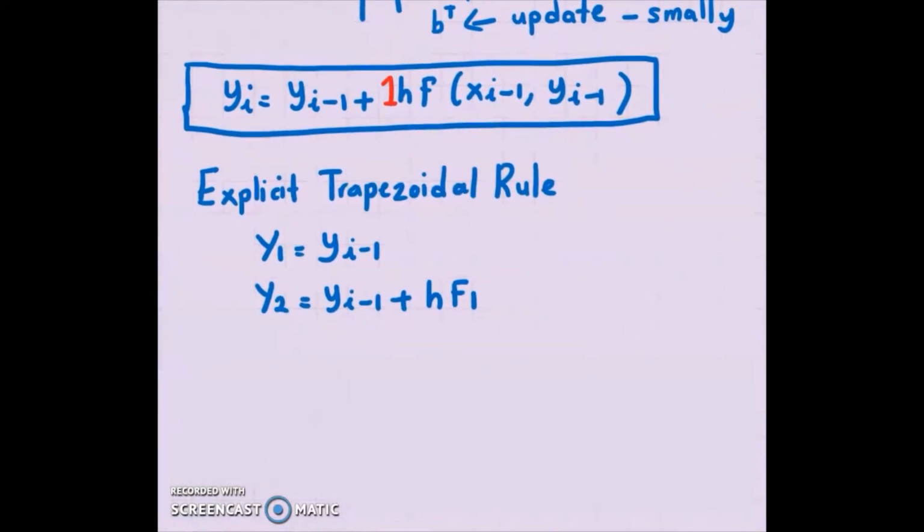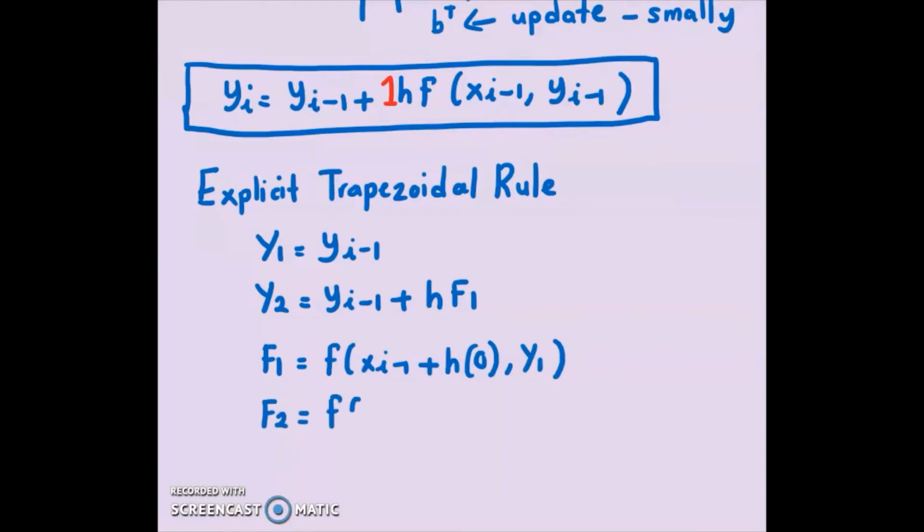The stage derivative, where F_1 is given as f of x_{i-1} plus h times 0. I'm going to write 0 here, although multiplication by 0 is 0. I'll show you why I want to write that.